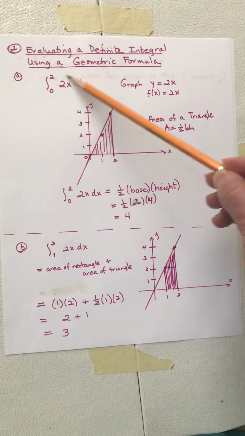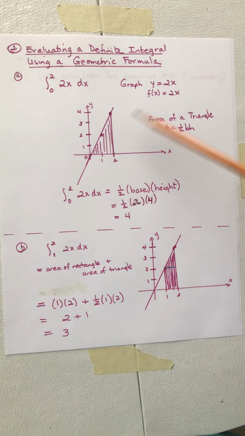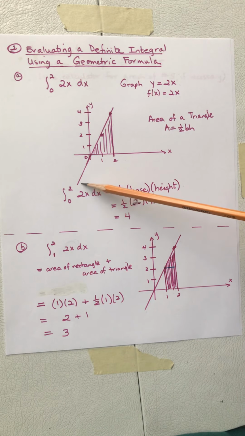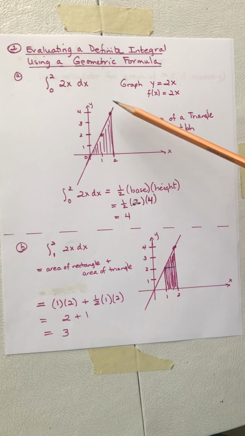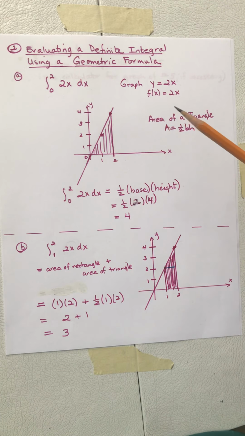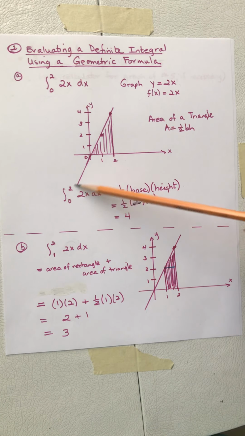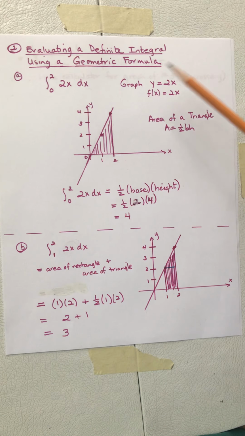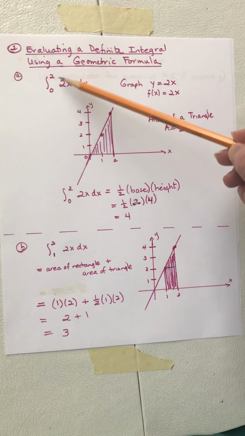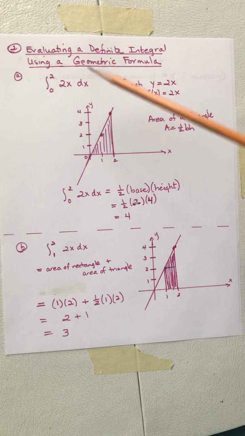We are going to graph this, and I know you all know how to graph the line y equals 2x. So here is that line. If you don't remember how to graph any of the graphs today, just put them in your calculator and you'll see where they go. Okay, so here is that graph. We're going to look at this graph from what numbers? From 0, my lower limit, to 2, my upper limit.